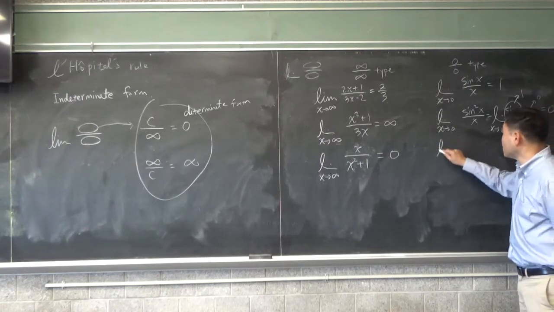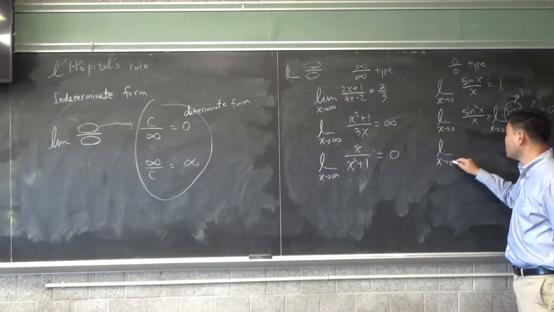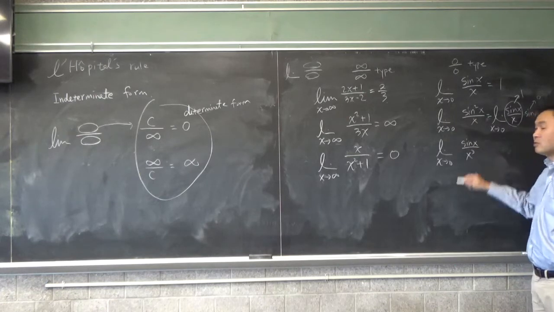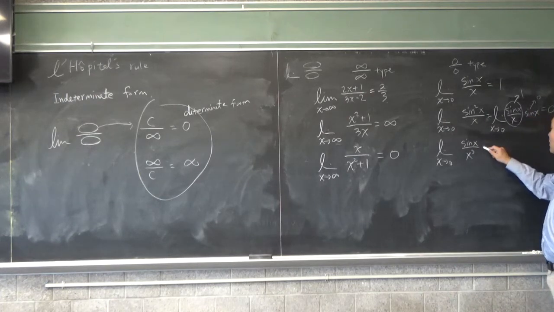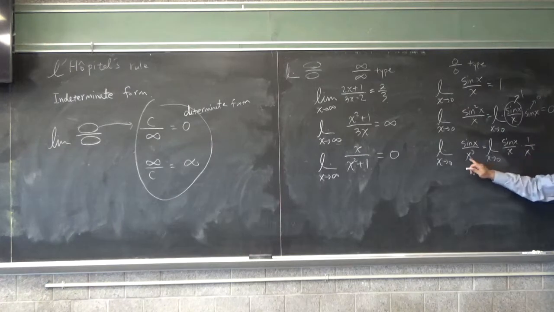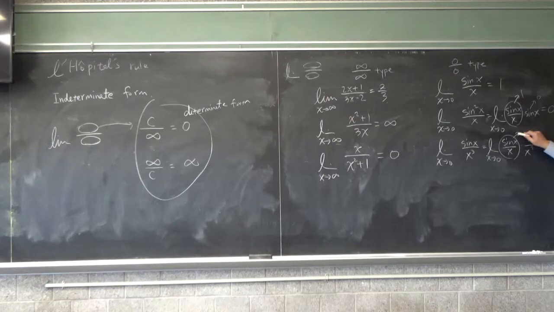Another example would be the limit as x goes to 0 of sine x over x cubed. In this case, you have the limit of sine x over x times 1 over x squared, because x times x squared is x cubed. I know that this goes to 1, whereas what is 1 over x squared as x goes to 0?